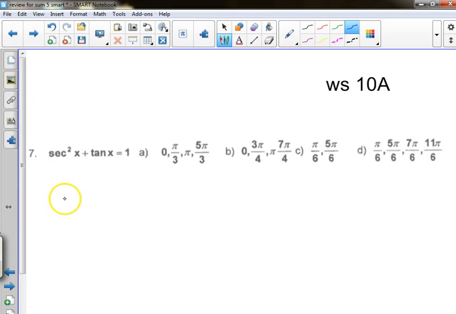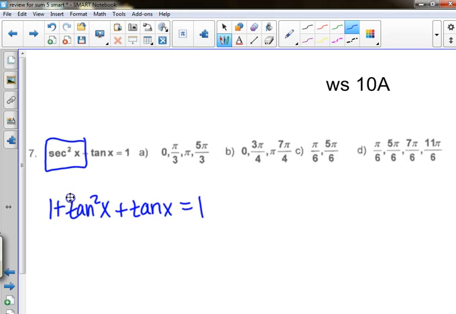This is a multiple choice question. I'm not sure that I want to have a lot of fun with this, but what could you trade secant squared for? Is it 1 minus tangent squared? 1 plus tangent squared? Okay. So if I subtract a 1 off each side here, what could I do with this?